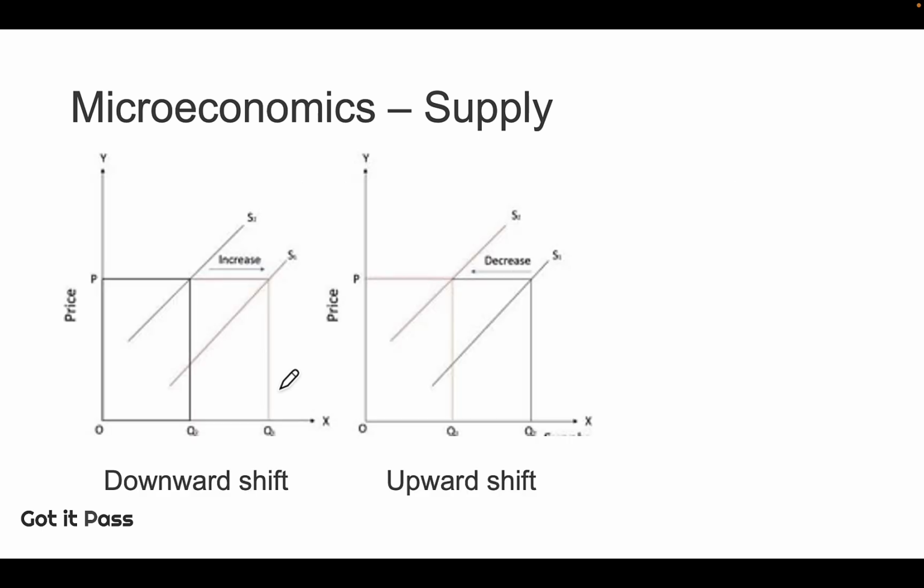Here are two ways of changes. First, the downward shift, where the supply curve shifts from S1 to S2, and another shift is the upward shift.